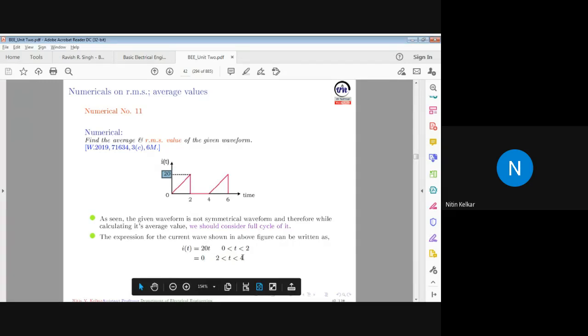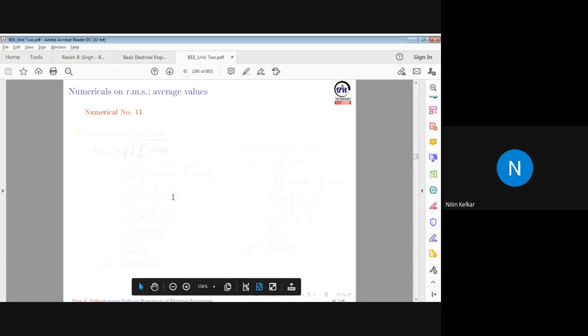For a period of 2 to 4, it has another value. So from 0 to 4, it is going to complete its one cycle. So these are going to be our integration limits. Lower limit is going to be 0. Upper limit is going to be 4. And we have to consider the full cycle of the given waveform. So let us see how we can calculate the average value first.